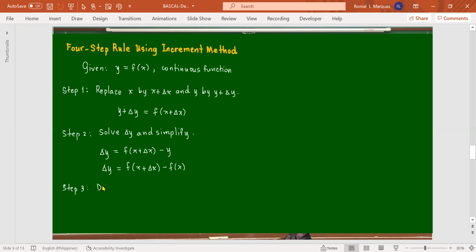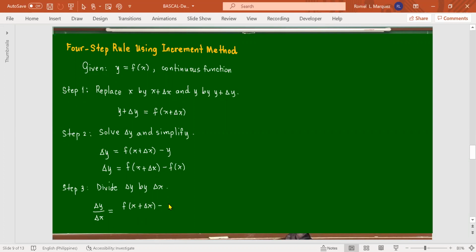Step number 3. Divide delta y by delta x. What will I get? Delta y over delta x, so instead of doing this inside the limit, we're doing it gradually, no? So f of x, ito na yung average, actually, no?